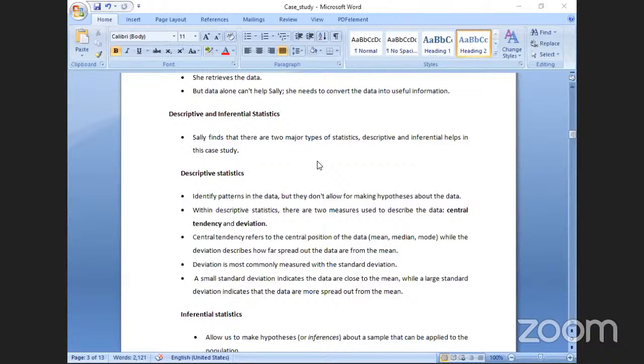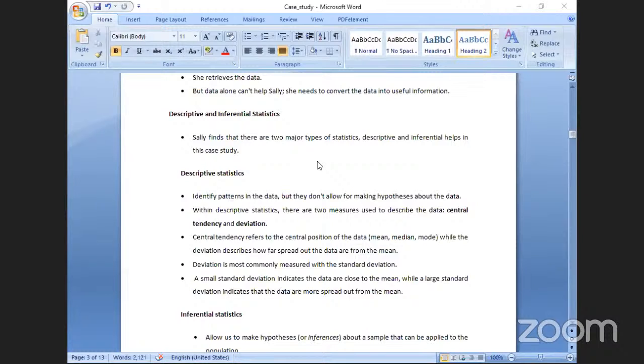Let's say when there is a small deviation existing, you can understand that the data are close to the mean. And if there is a large deviation, that indicates that the data are widespread and away from the mean value. That's how it can be adopted for descriptive statistics.